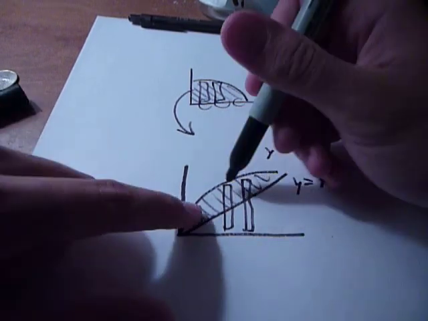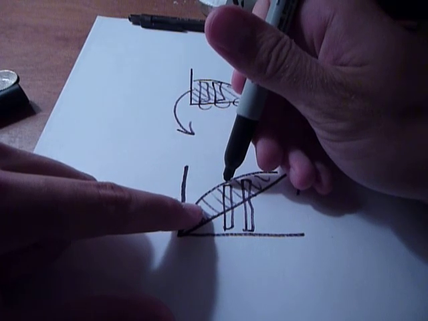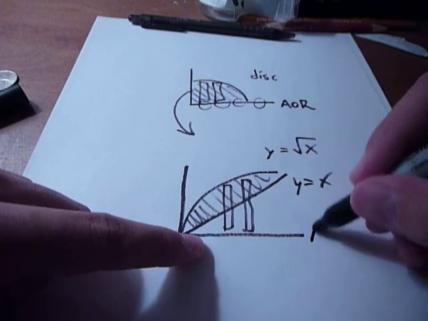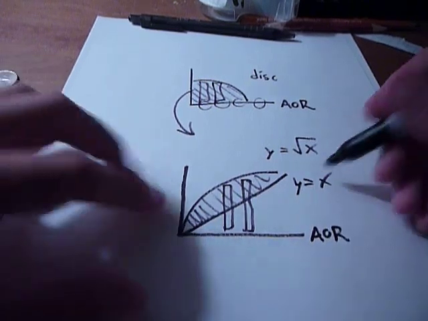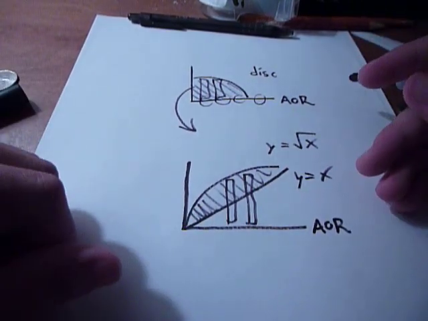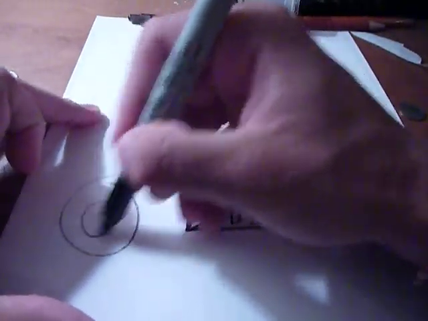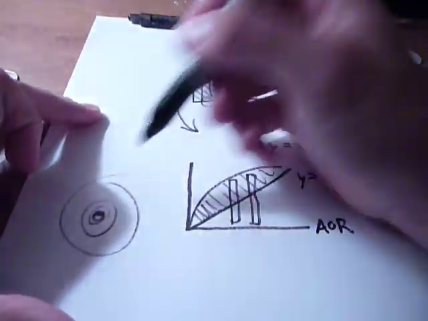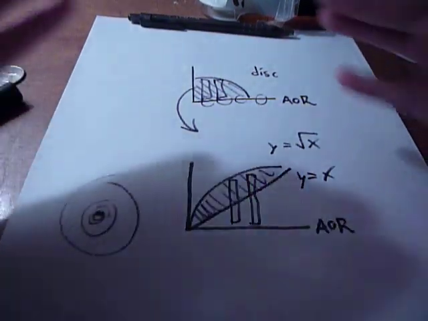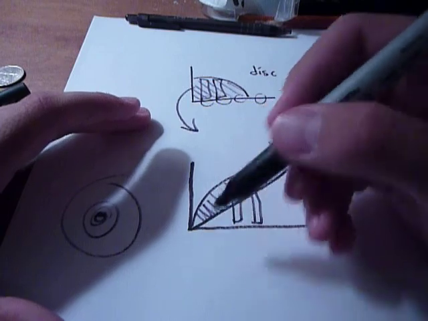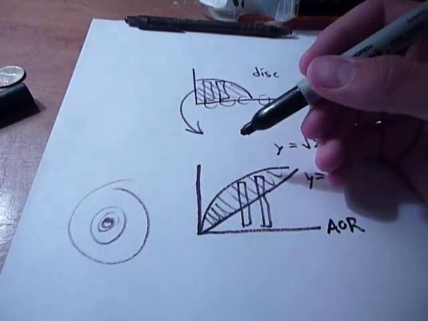You can't draw that all the way from the top of this y equals root x curve all the way down to your axis of rotation here. And that creates quite an issue, because instead of having just really nice circles of different stacked radii, you get a bunch of washers, which is where the name comes from.